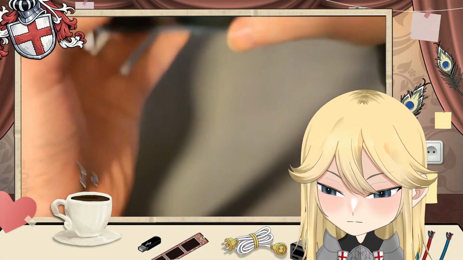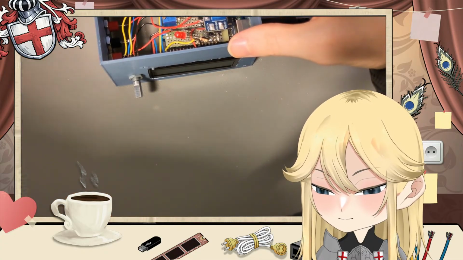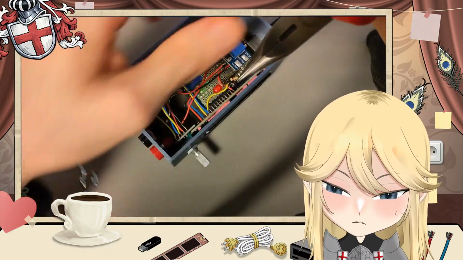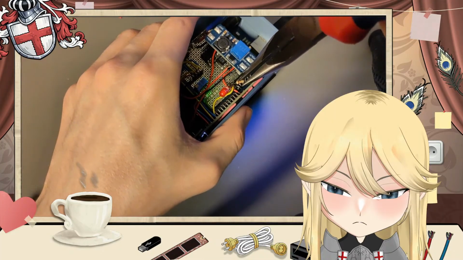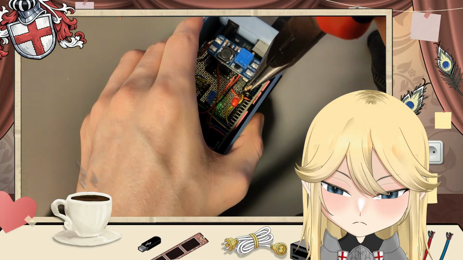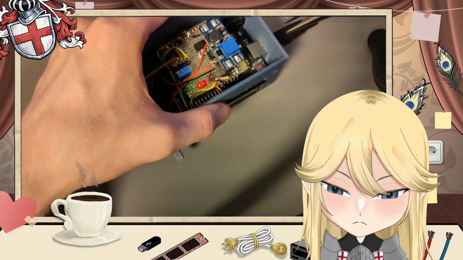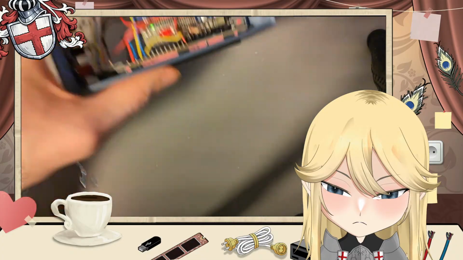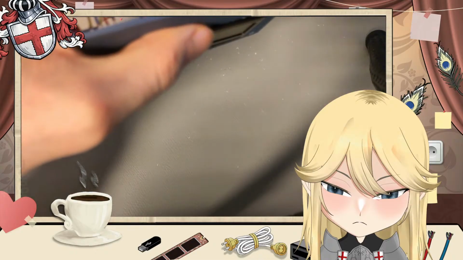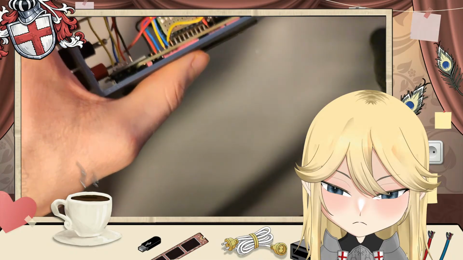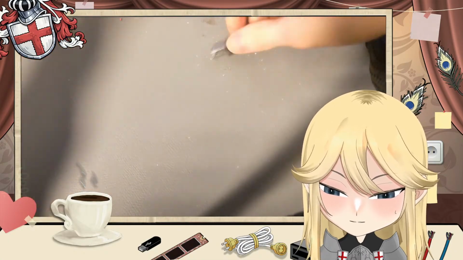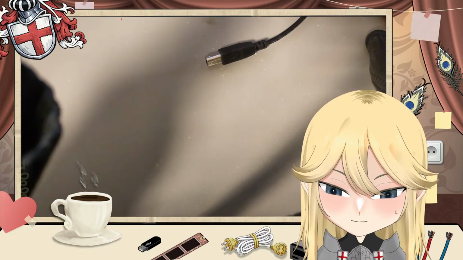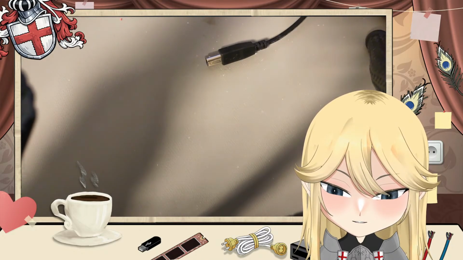Did I create a short? Where's my thing? I knew this resistor was not in the ideal position. Oh god. I think I got it. No, I don't. I don't got it. What are we connecting?